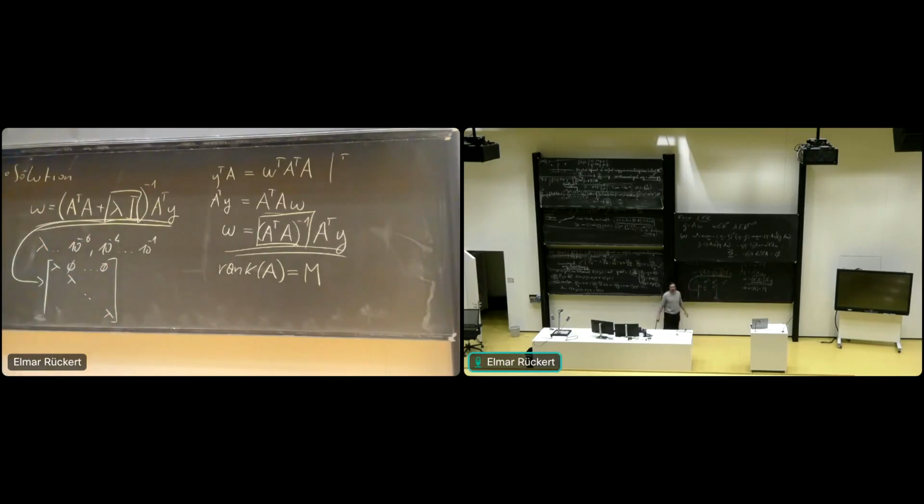That's it. Gets added to your A transpose times A squared matrix. There are more sophisticated regularization terms using SVD decompositions and so on. This is the most basic principle that you can apply always.